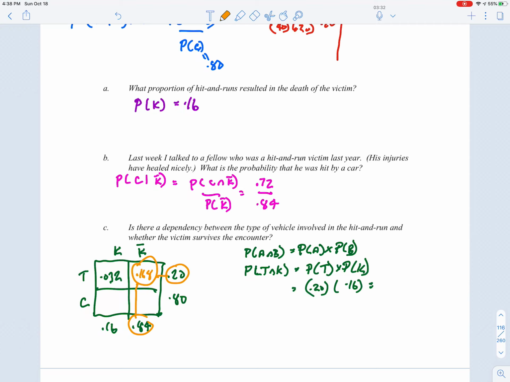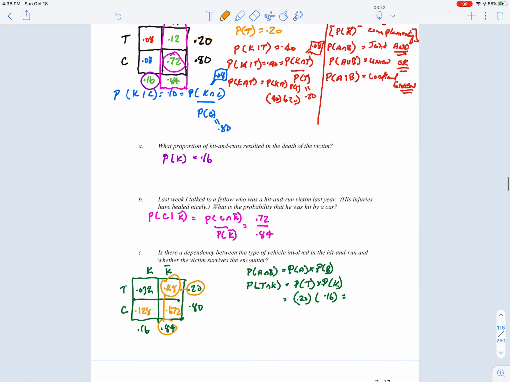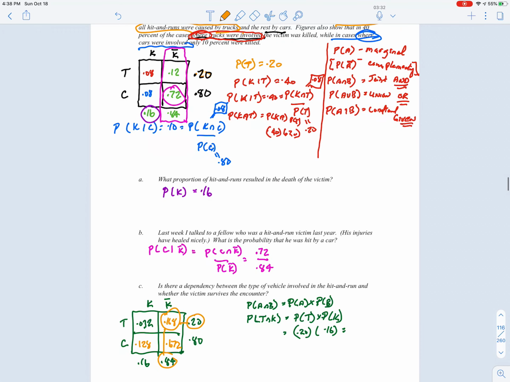Add those together, you get 0.20. And then similarly down here, so 0.16 times 0.8 is going to be 0.128, and then 0.672.